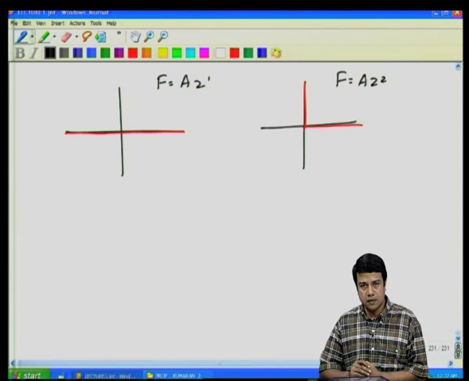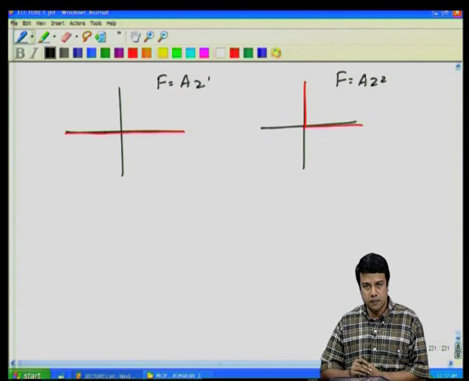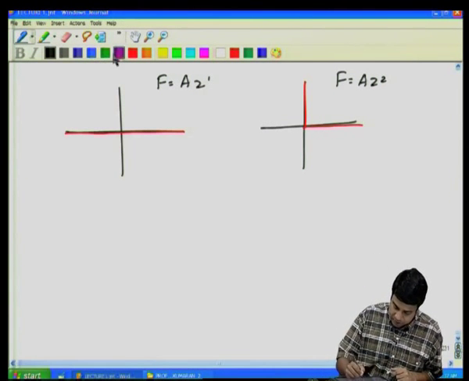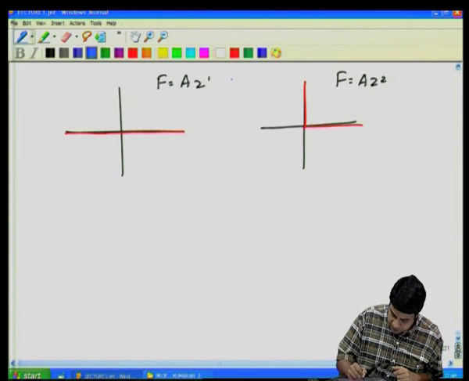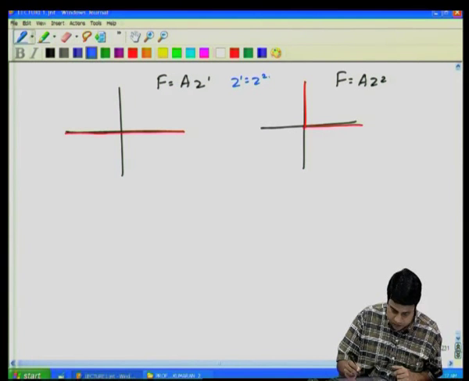And I did that by defining z prime is equal to z square.